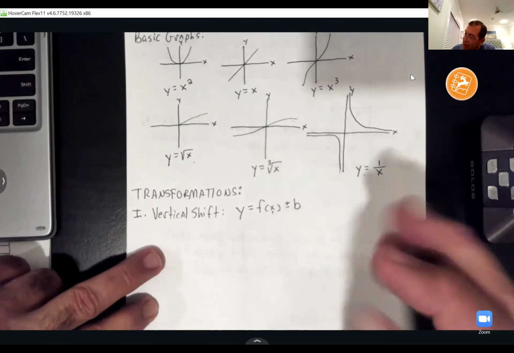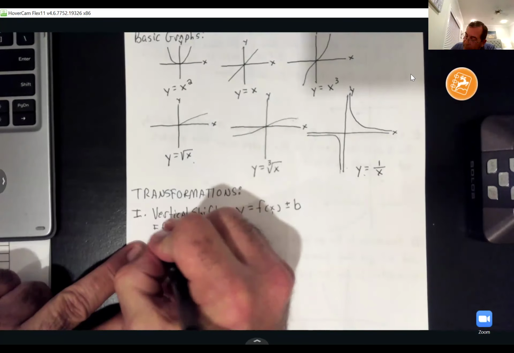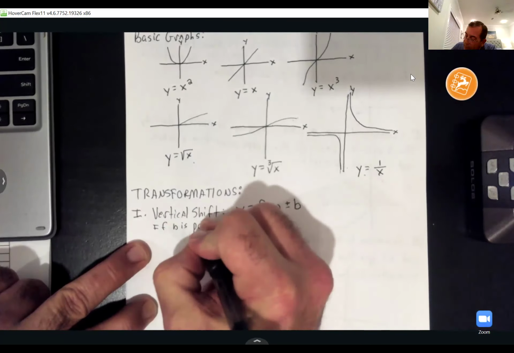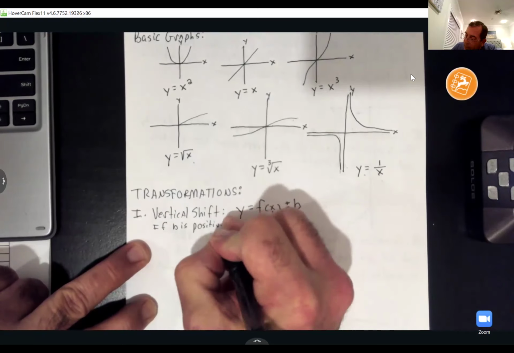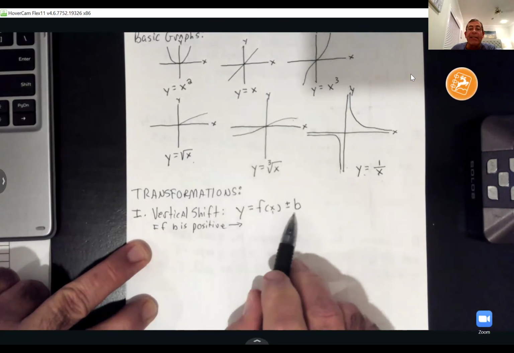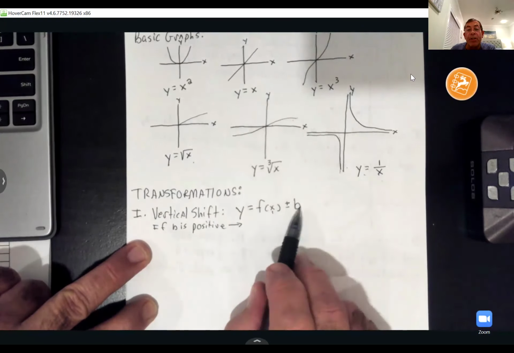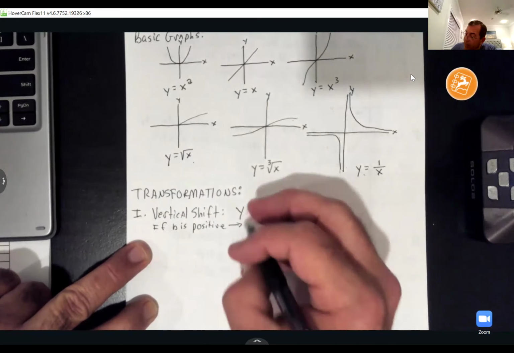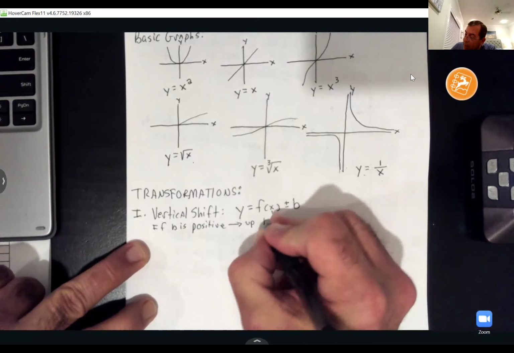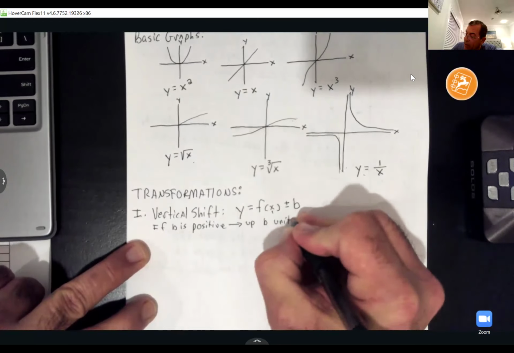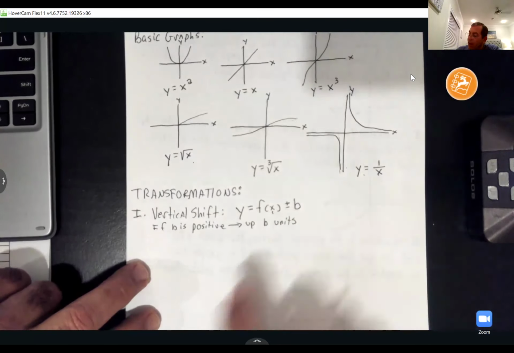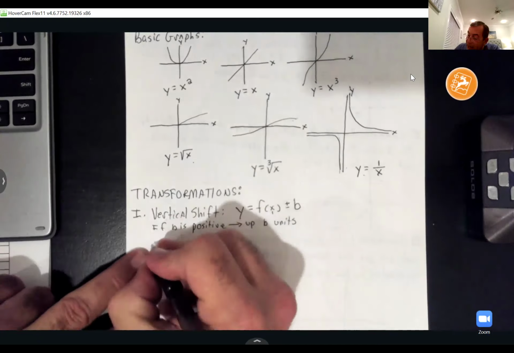So listen to this. If b is positive, which means I add a number to the end of this function, the graph will move up b units, okay?